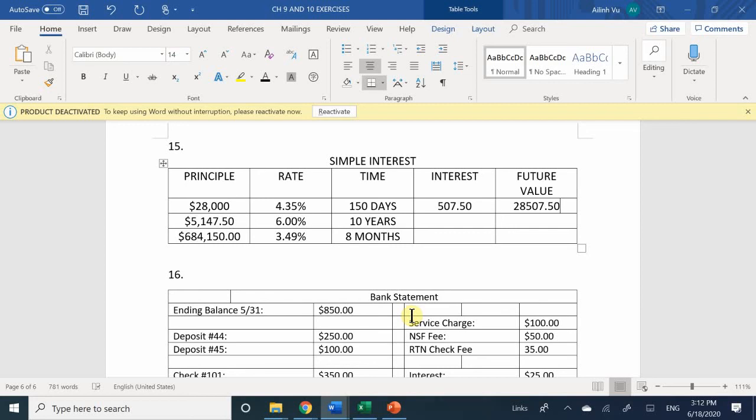For 10 years, and that's the time. You take the principal times the 6% times the time. That was 30, 88, 50.